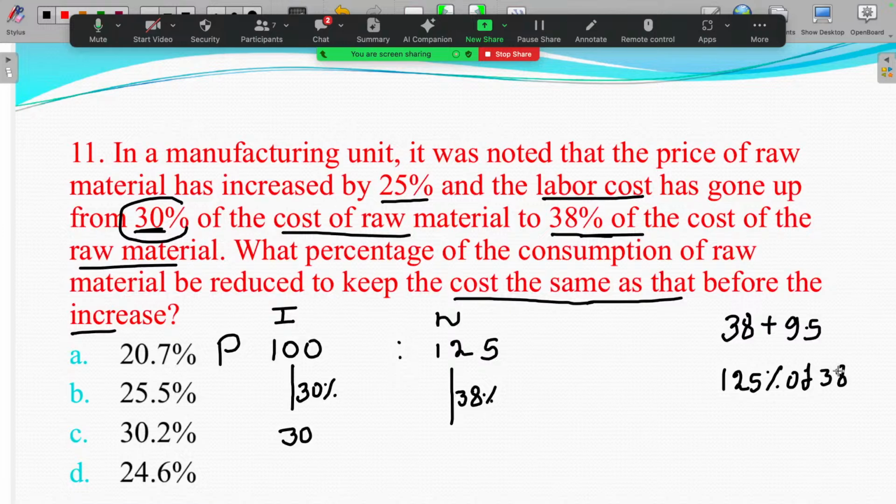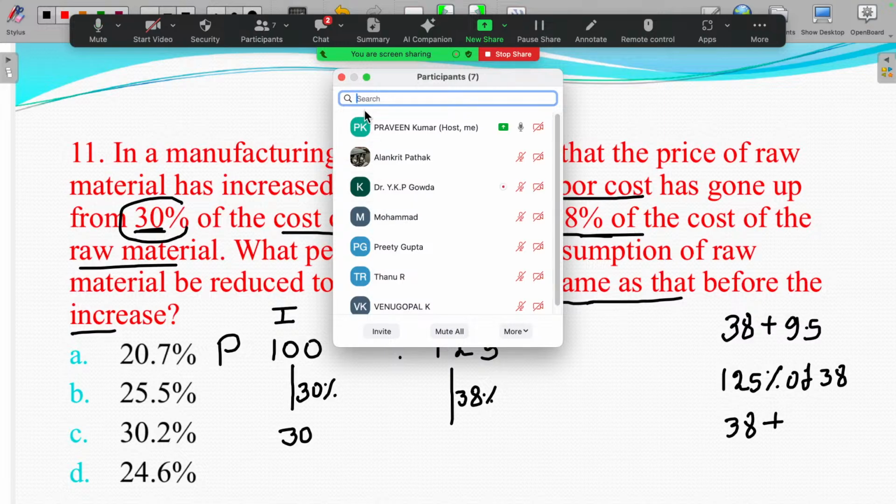Method 2 also I will tell. This is method 1. 125 percent means 100 percent is 38, then 25 percent, how to calculate? 25 percent means one fourth of it. Is it clear? Tell me now, tell me at least.